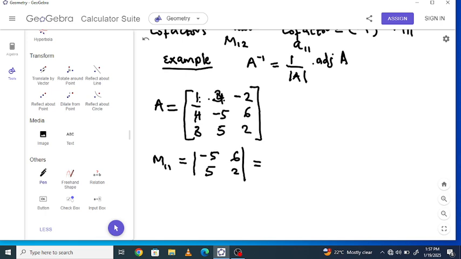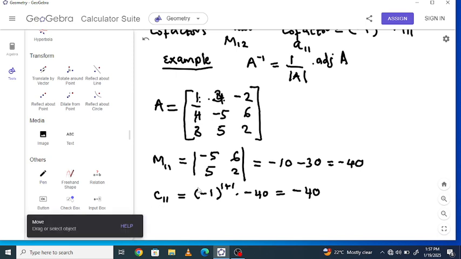We're going to get the determinant, which will be -10 minus 30, which gives us -40. And our cofactor for C11 will be -1 raised to power 1 plus 1 times -40. This one is an even number, so our cofactor will still remain to be -40.